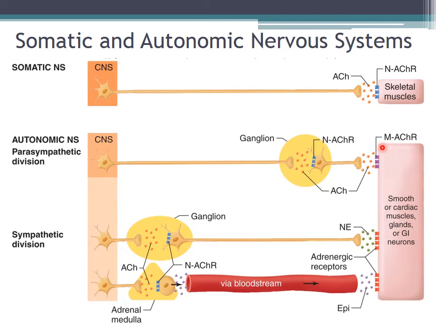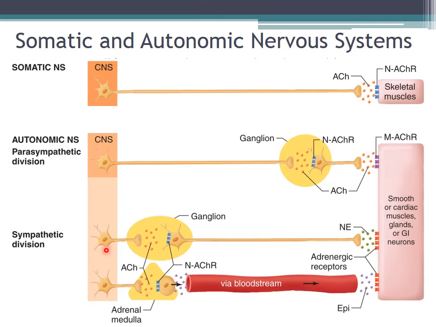Now, when we talked about G protein coupled receptors in lecture before, I said you sort of have to take it tissue by tissue what this receptor will do, because there are so many different things that these receptors can do. So basically what that means is here at the target tissue, you can't say whether it will be excitatory or inhibitory because it can be either one depending on what target tissue you're looking at here.